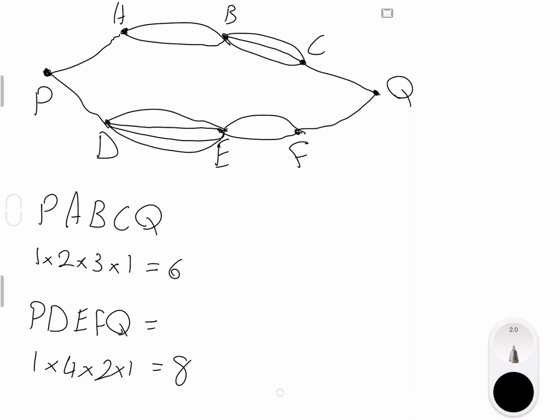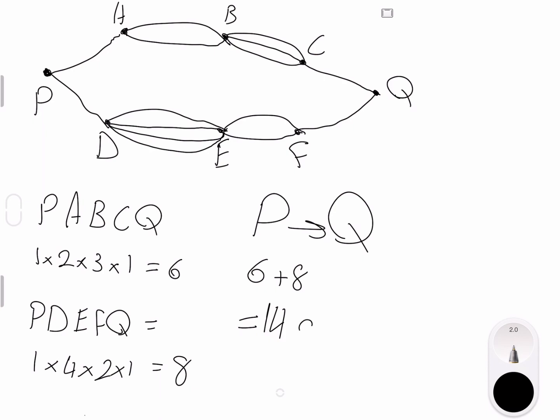So in total, to go from P to Q, there's going to be 6 plus 8 different ways, which is equal to 14 different ways. And that, in a nutshell, is the sum and product principles, or product and sum principles.